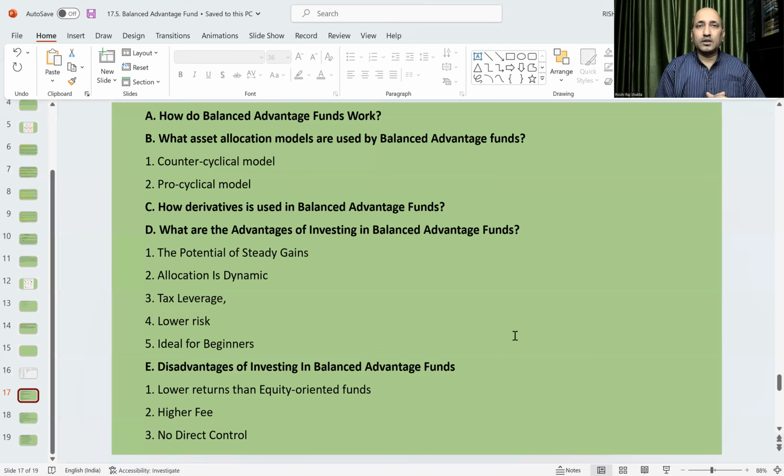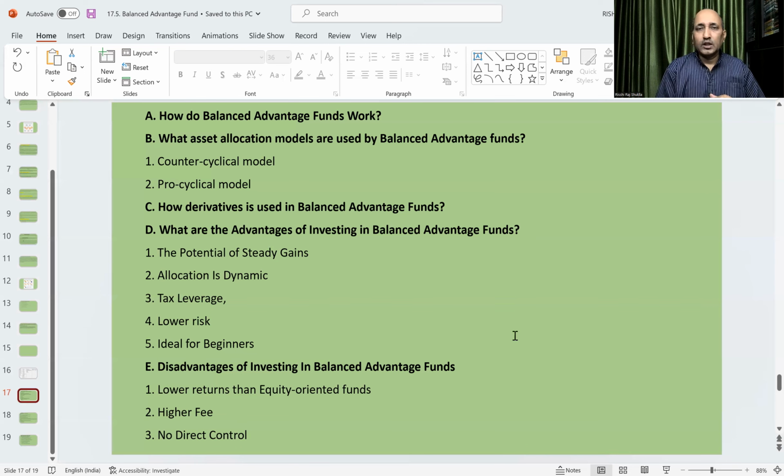As per market situation, as per market condition, the same or a different asset allocation model is adopted and accordingly funds are shifted from debt to equity or equity to debt. The percentage of allocation of equity is either increased or reduced based on market condition and asset allocation model.